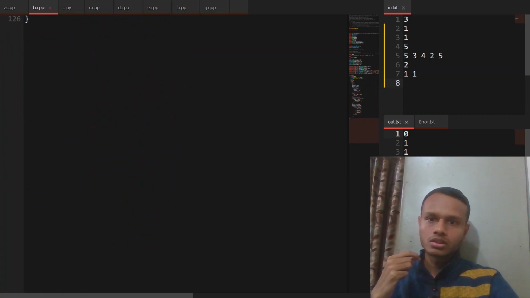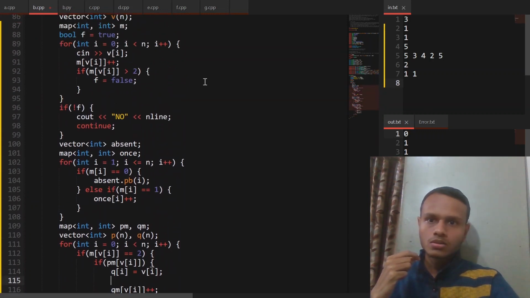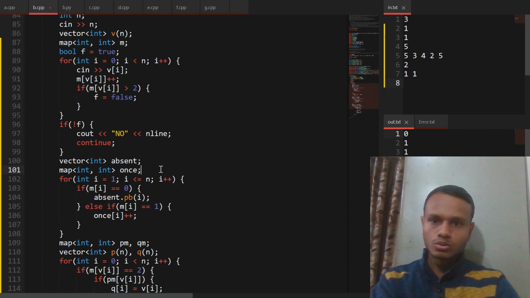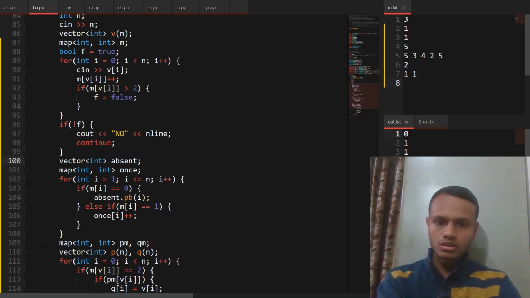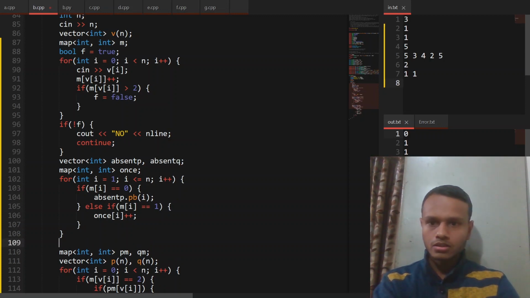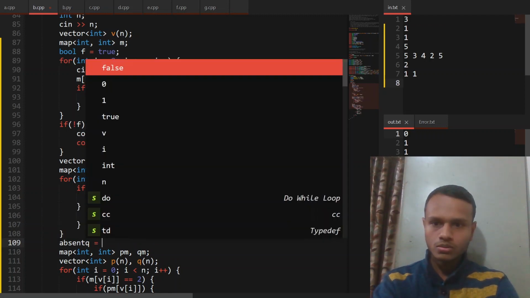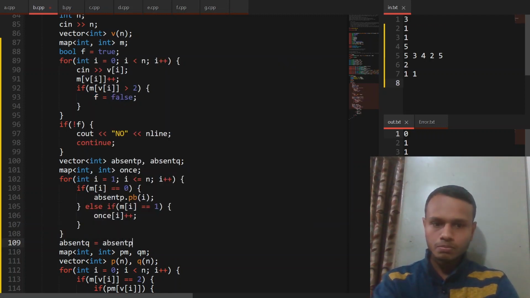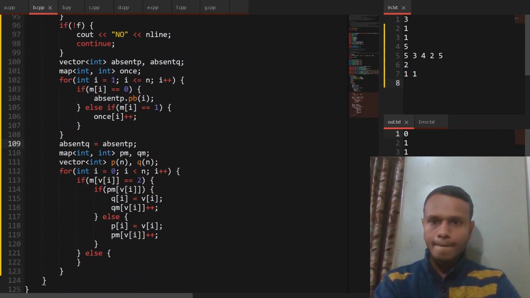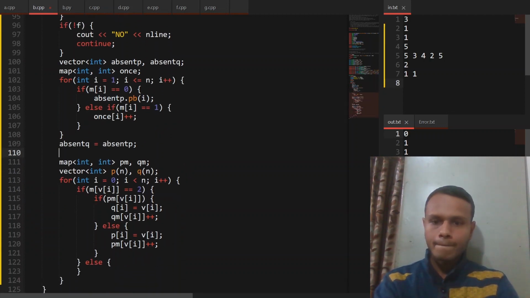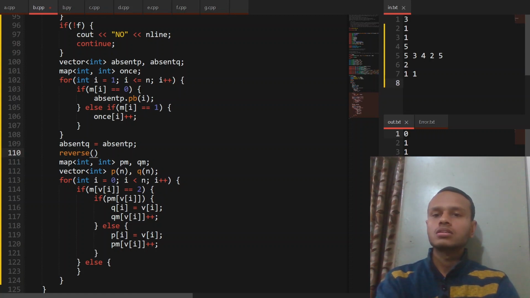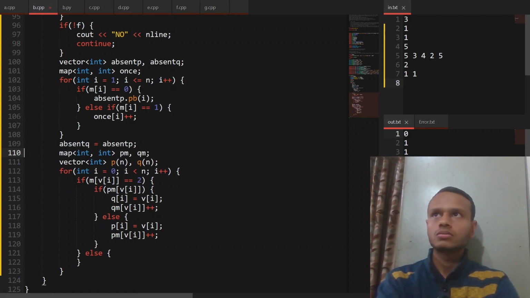Okay, so I think that's also not a problem. Let's create two vectors here, absent p and absent q. Absent p, and now call absent q equal to absent p, right? And actually let's reverse it as well, or maybe I should not reverse it.